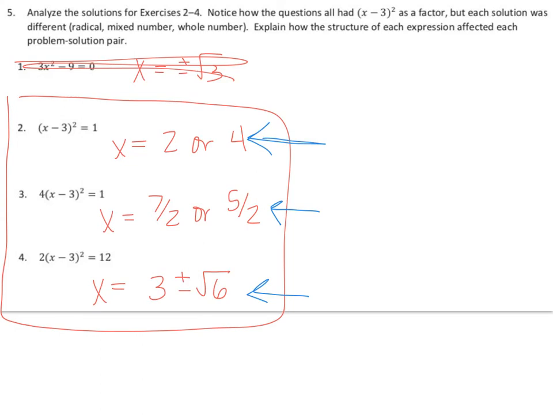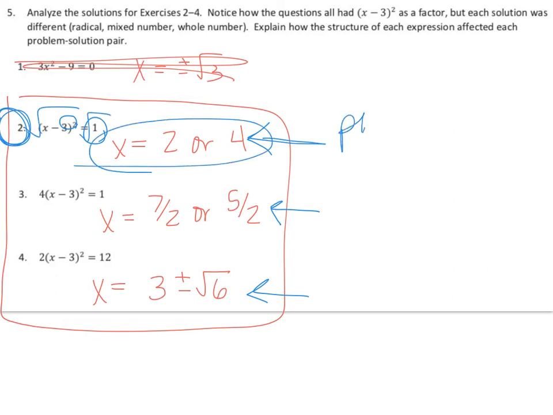Well, if I look at this first one, or this number 2, I have a perfect square on both sides, which I can just take the square root of both and get all whole numbers. Perfect square, whole numbers.